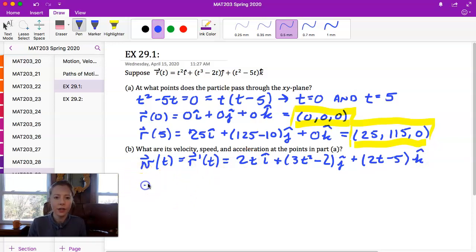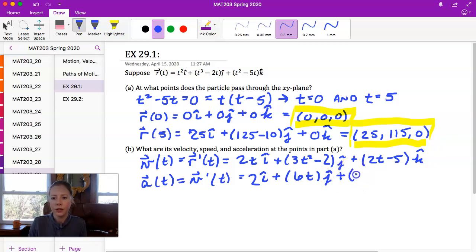And the acceleration is the first derivative of velocity, which is 2 i hat plus 6t j hat plus 2 k hat.